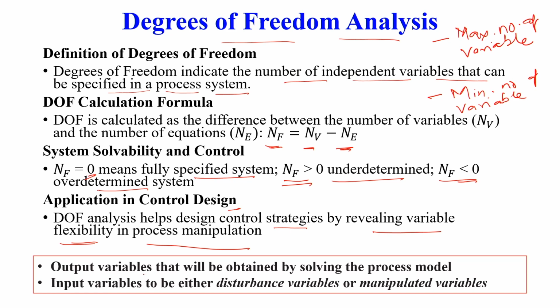For example, the output variables that will be obtained by solving the process model are typically considered as a response, and the input variable may be either your disturbance or your manipulated variable, which you have monitored and you want to make necessary changes in the controlled variable through manipulated variables.